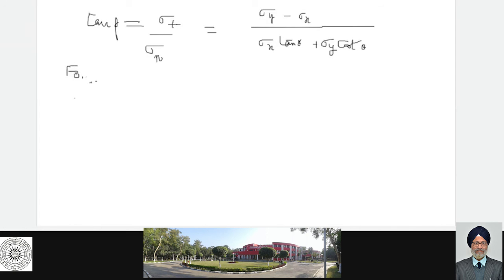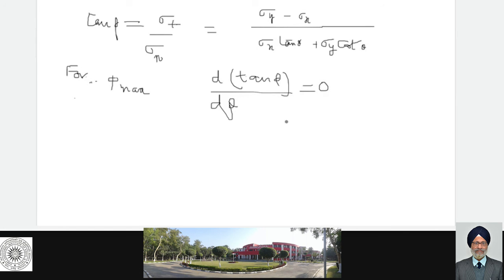So if you want to find out the maximum value for phi max, you have to find out the differential of tangent phi upon d theta, and you have to equate this equal to 0.